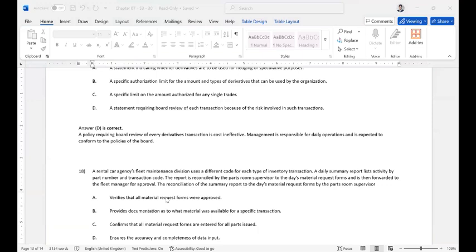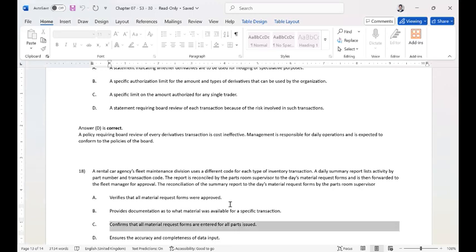I think it's D. So each transaction, what are the part numbers used?